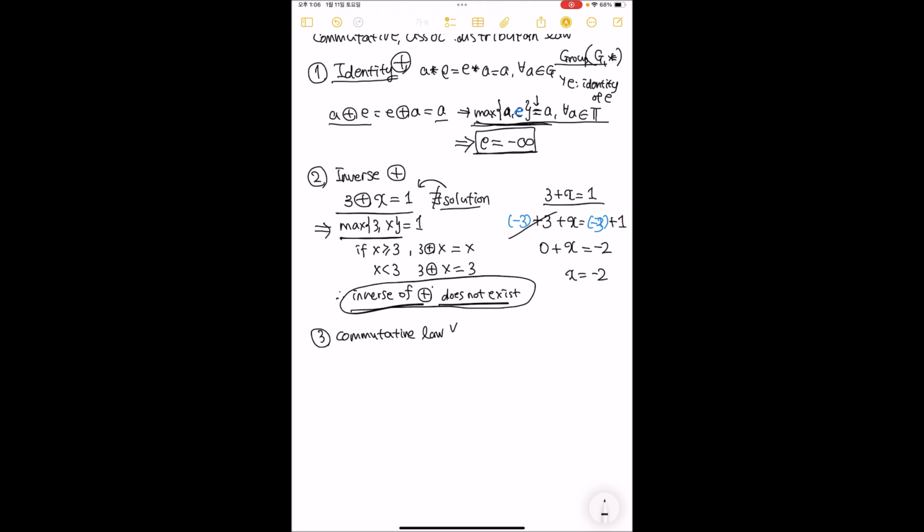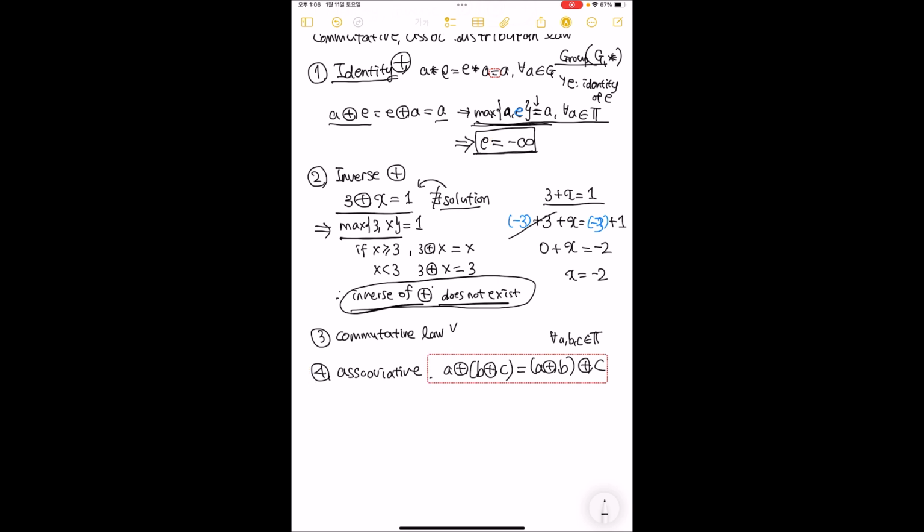And associativity: the tropical sum of A with the tropical sum of B and C is equal to this, for every A, B, C in the tropical number system T.